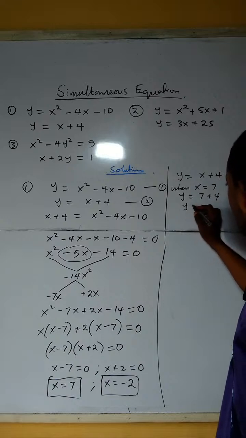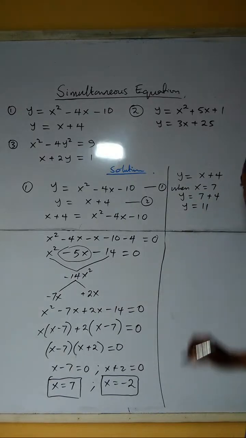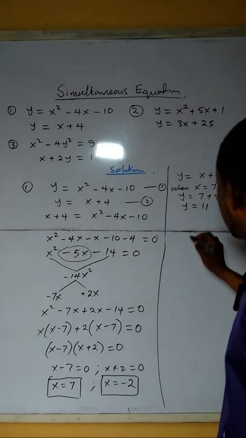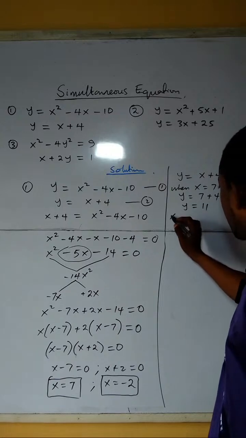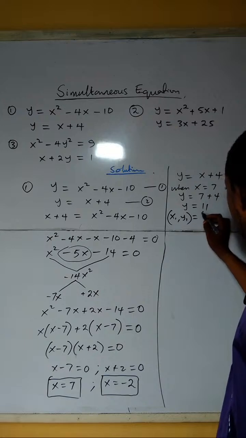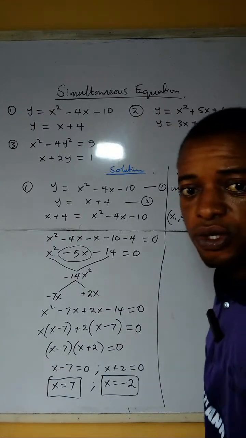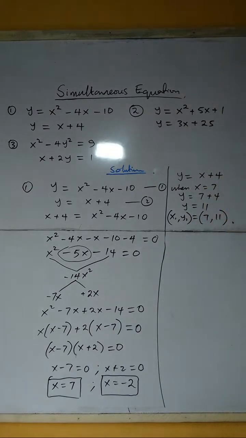That is y equals 11. So the first set of solution, x1, y1, will be equal to 7, 11. That's the first set of solution there.